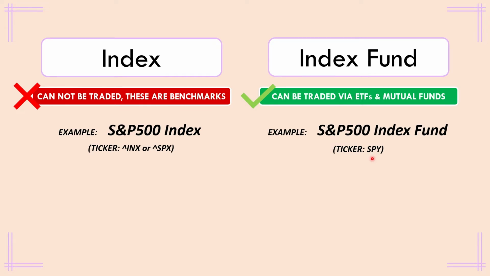So it's got some sort of weighted calculation set to track the S&P 500 index. So the S&P 500 index is what shows the health of the economy. The S&P 500 index fund is going to allow us to trade off of the health of the economy.